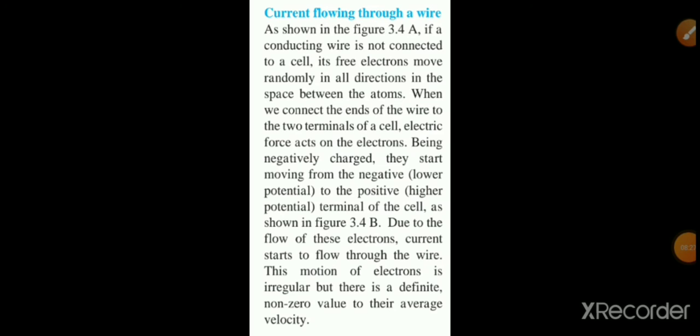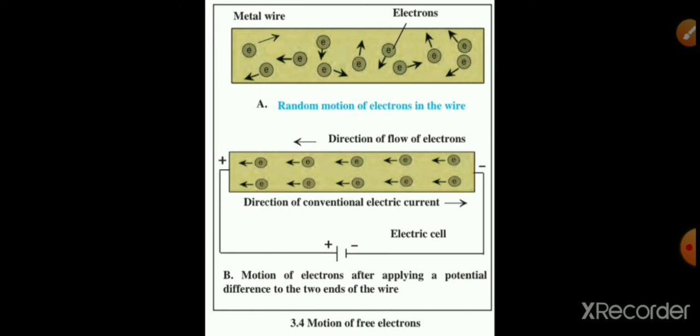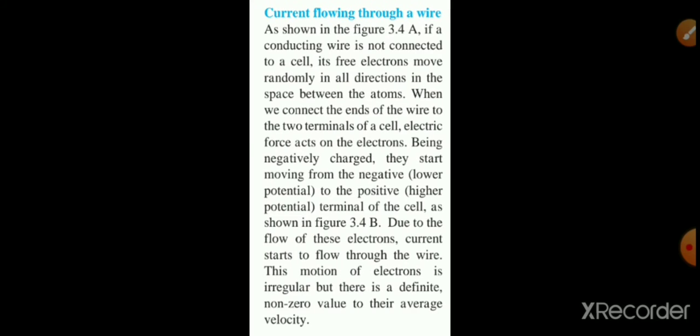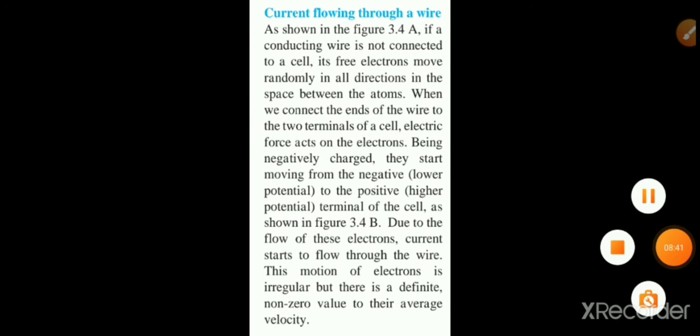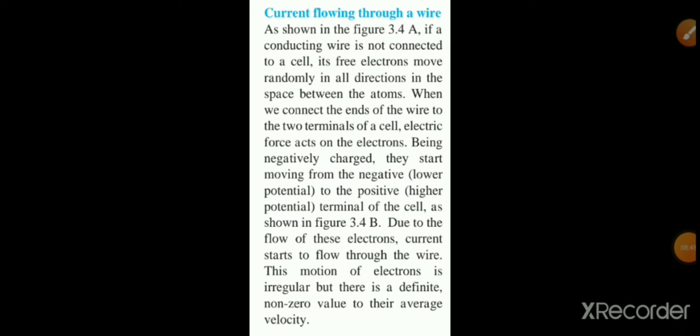Now current flowing through a wire. As shown in figure 3.4a, in that first diagram the electrons move in any direction. If a conducting wire is not connected to a cell, its free electrons move randomly in all directions in the space between the atoms.